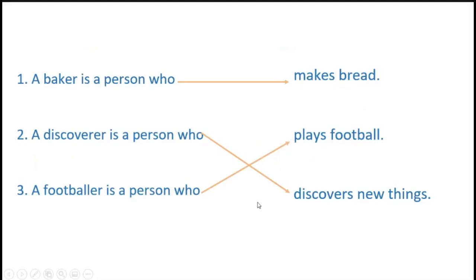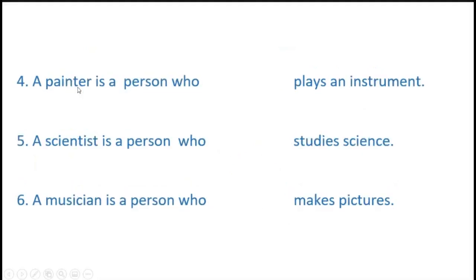Let's continue. A painter is a person who plays an instrument, studies science, makes pictures. Which one is the right answer? Yes, a painter is a person who makes pictures.